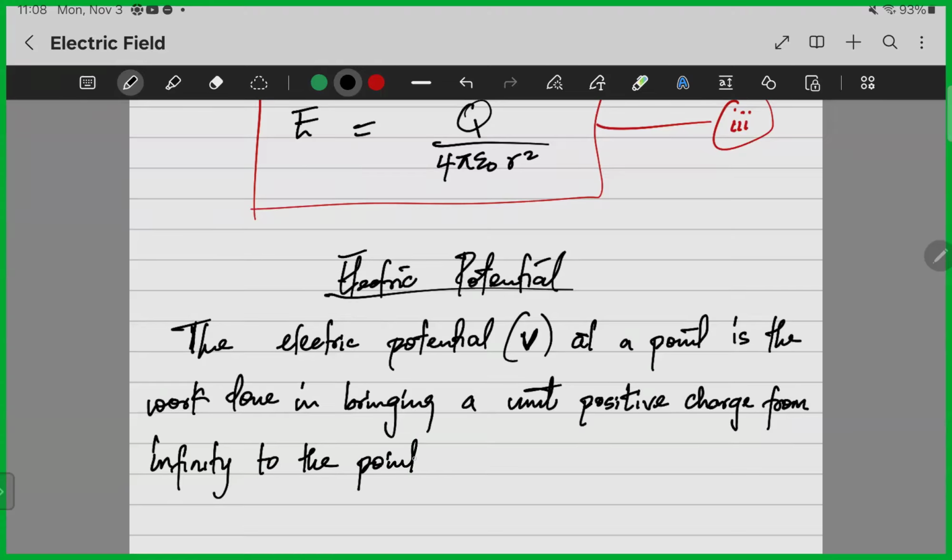Take note of that. It is measured in volts.